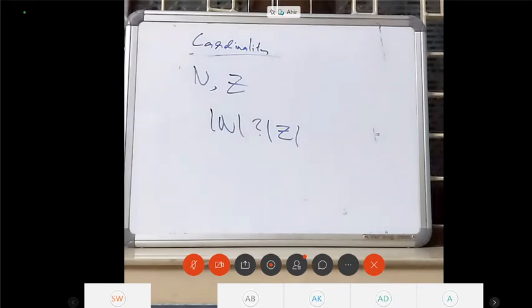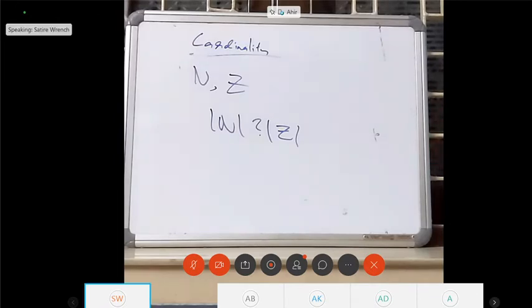So from minus 5, minus 4, minus 3, minus 2 up to positive infinity. What's the relation between the cardinality of N and the cardinality of Z? That's the question.